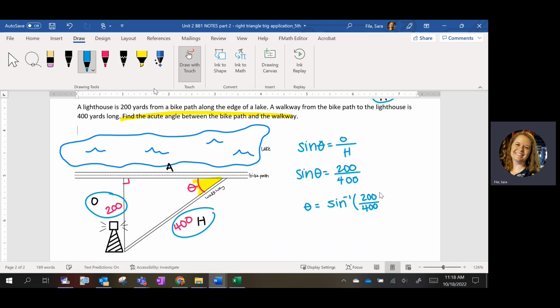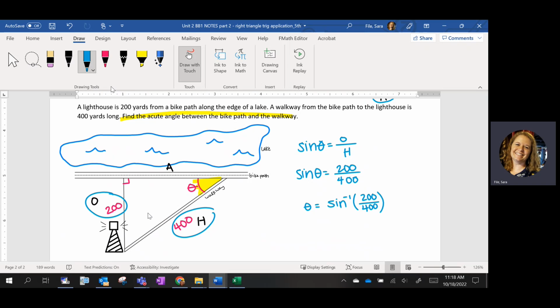Now 200 over 400 can reduce, can't it? What does that reduce to? You could reduce it multiple times, lots of different things, but all the way down, if it's completely reduced, it's 1/2, 1 over 2. Okay. Before I plug this in the calculator, I want to see if y'all remember something though.